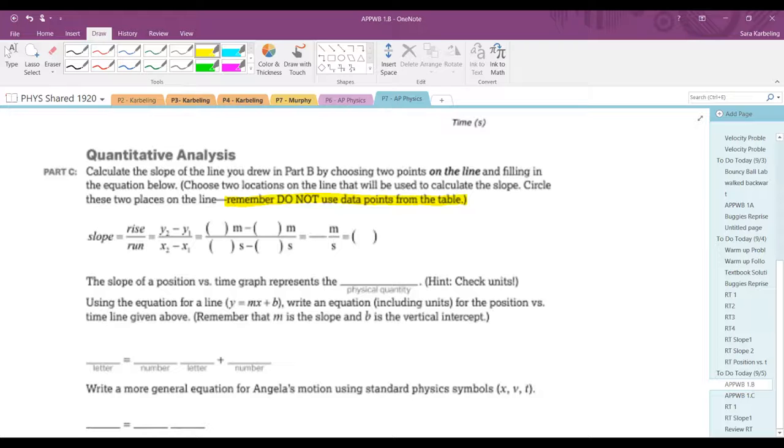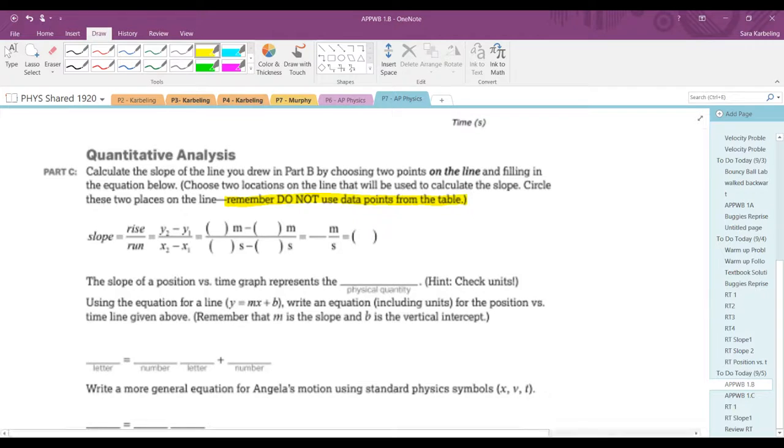But regardless of how hard or easy it is to find points on the line that are not data points, you have to do that. Not negotiable, okay? I should say, you have free will. You can do whatever you want. If you would like to earn the maximum amount of points from College Board to prove to them that you understand how to do this, then you should definitely not pick data points, okay?